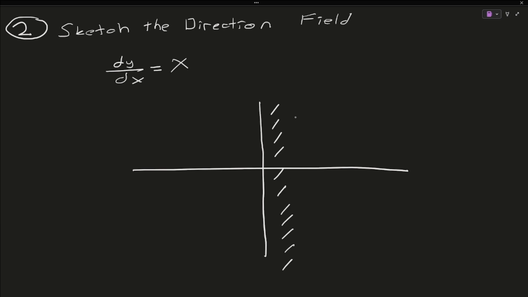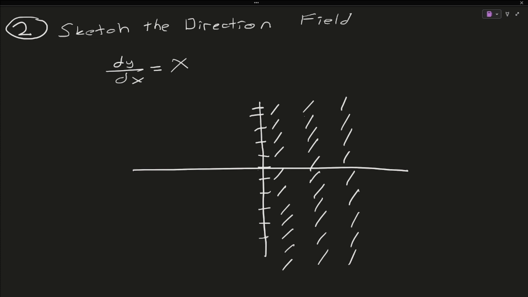Okay? And as x gets larger, our slopes get steeper and steeper. So I'm going to try to draw as best of my ability. And we will get more and more steep every single time. And at x equals 0, obviously we have straight lines like this because the slope is equal to 0.